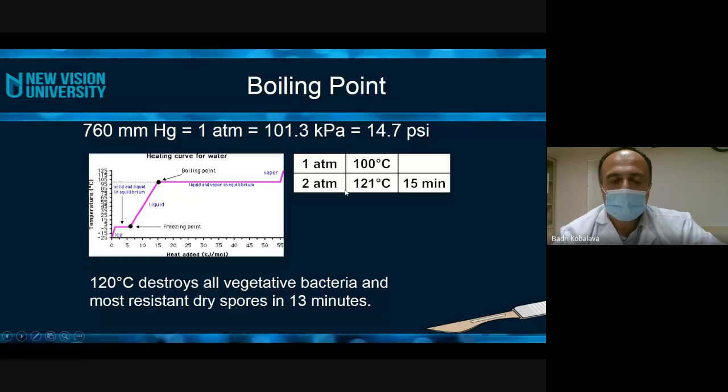When you start to count the time is important. You must start the timer when the temperature rises up to 121 degrees. From this moment, sterilization starts.